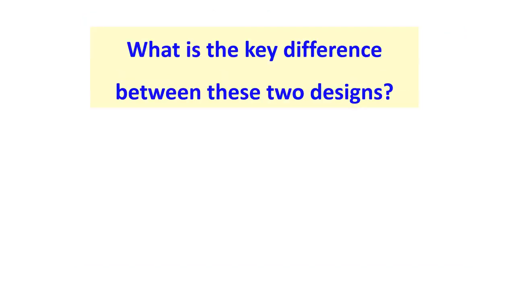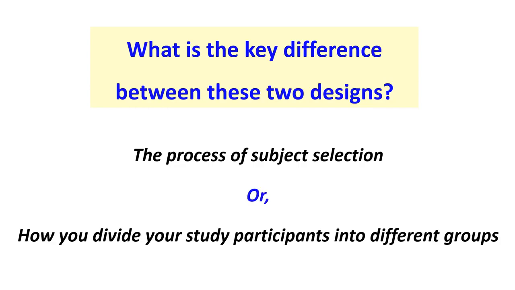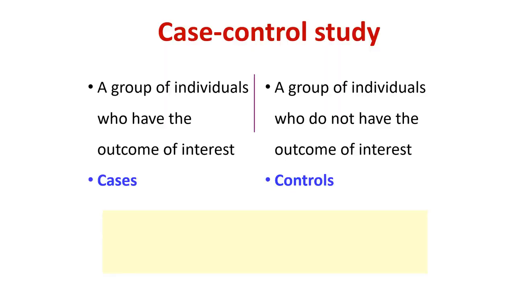So what is the key difference between these two study designs? The key difference lies in the process of subject selection, or how we divide our study participants into different groups. Let's start with case control study, then it will become more clear to us.